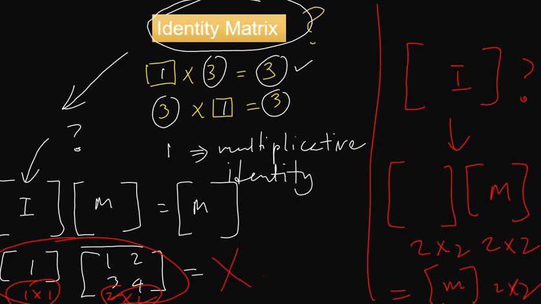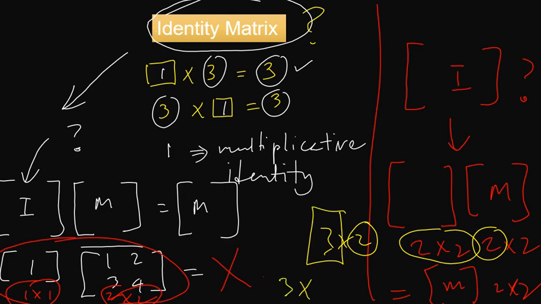You cannot have an identity matrix 3 by 2, even though it has the same column and row, because after that you'll get a 3 by 2 matrix. 3 by 2 is not the original matrix. Do you get that? Okay, now let's see the characteristics of the identity matrix.